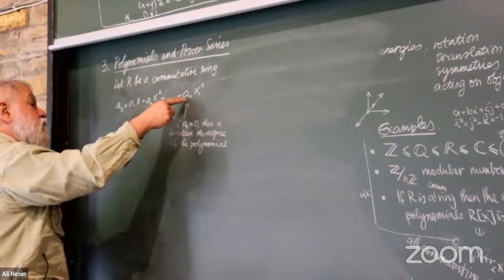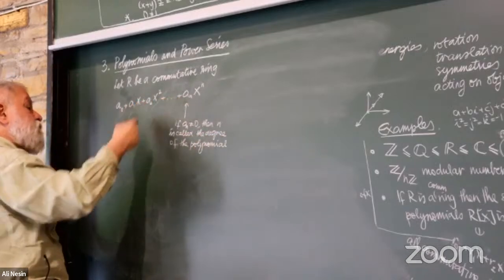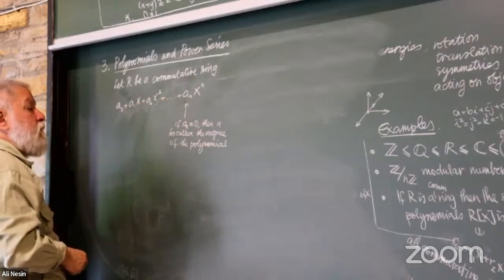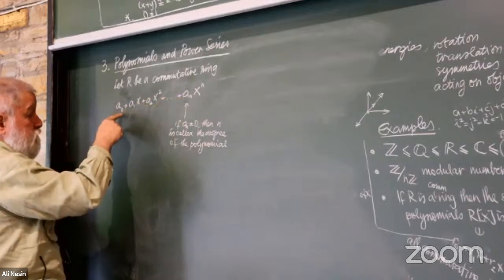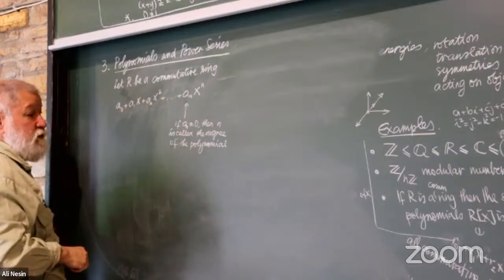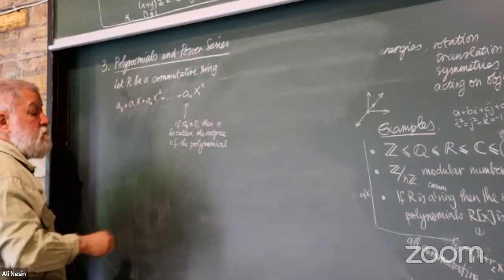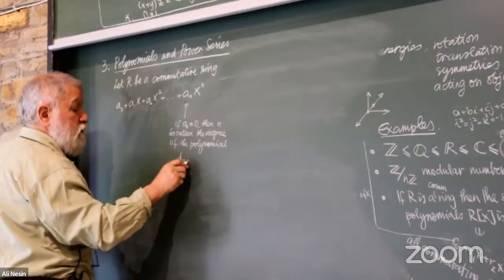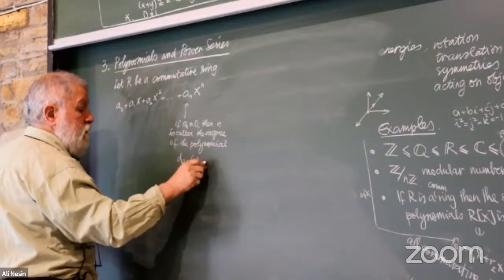But if n is zero, then the degree is less, of course. If they are all zero, if it's the zero polynomial, then the degree is said to be minus infinity. Degree of the zero polynomial is said to be minus infinity.